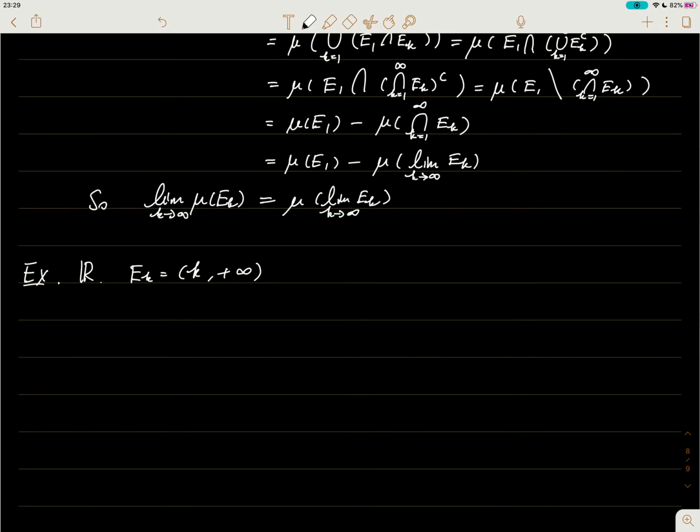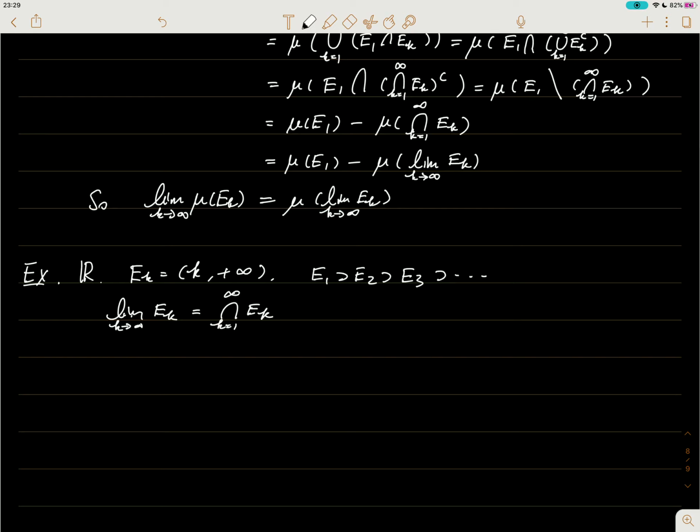So now you can see that none of those Eks has a finite measure, right? And the Eks indeed are decreasing. As you can see, E1 includes E2, includes E3, and so on and so forth. So the limit of the Ek is the intersection of the Ek.